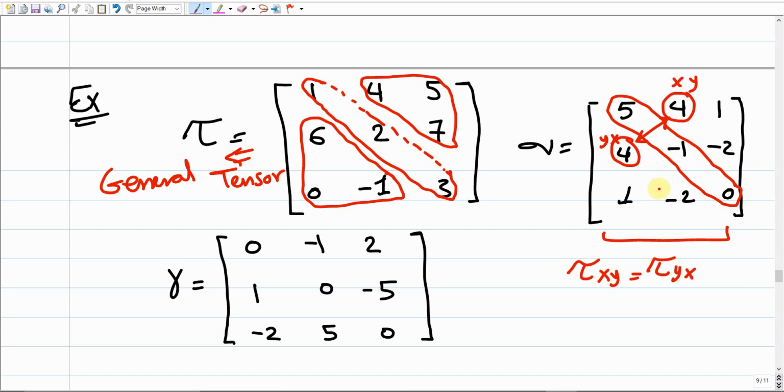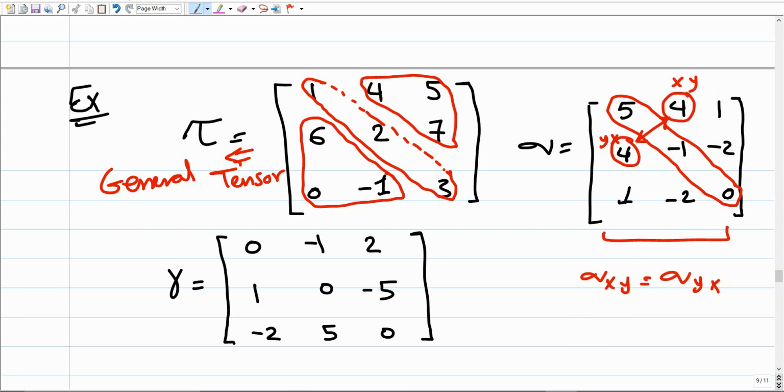And also here, this is the xz position, and this is the zx position. So it means that the tau, or here, I'm sorry, we are talking about sigma. The tensor is sigma in this case. So we're going to say that the sigma xy is equal to the sigma yx.